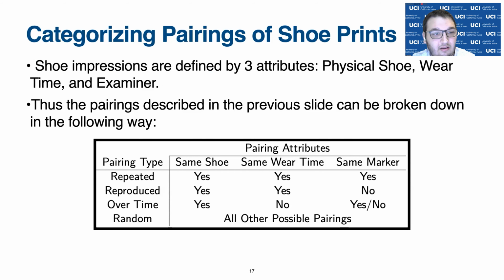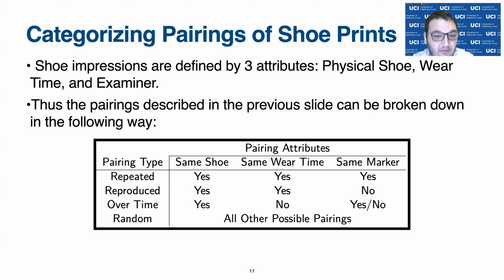Just to push across this point about pairings, shoe impressions in this data set are defined by three attributes. We have the physical shoe, say shoe A from this person, left or right, so we have both.